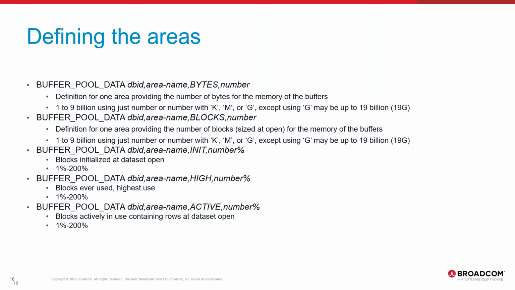But when we open the data set, it's based upon how many initialized tracks we have at that instant, and it's based upon your percentage. And the percentage would be 1 to 100, except that people who plan to extend or dynamically extend, you could go above 100, you can go up to 200. I think COVERED had that option as well. But some users really oversize their data sets. So even if they want 100%, they've oversized it, which means there's a whole bunch of unused blocks. So the next one covers that case, high. High means all of the high use, all of the blocks that have been used.